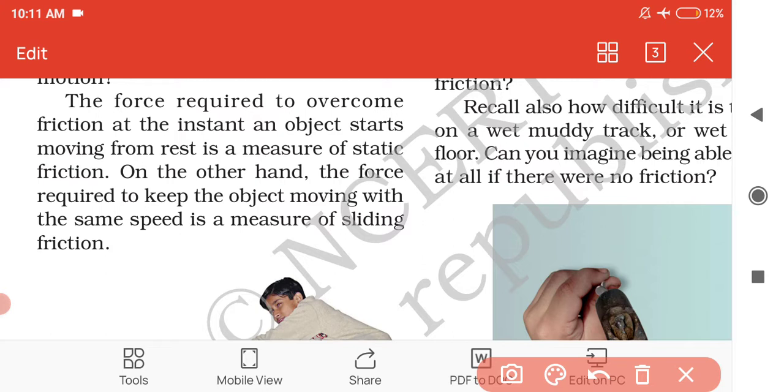Static friction is a kind of starting friction, because an object just tends to start moving. It does not actually move, so the object remains static or stationary in this case.